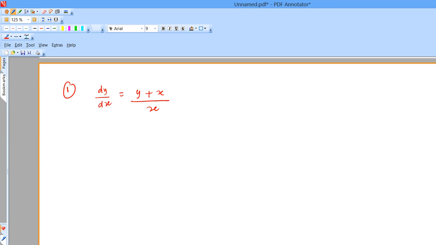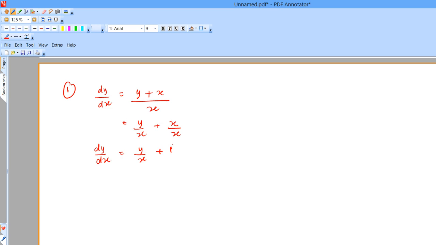So our equation is already in standard form. So we can simplify the right hand side to y over x plus x over x, or we can write dy over dx equal to y over x plus 1.